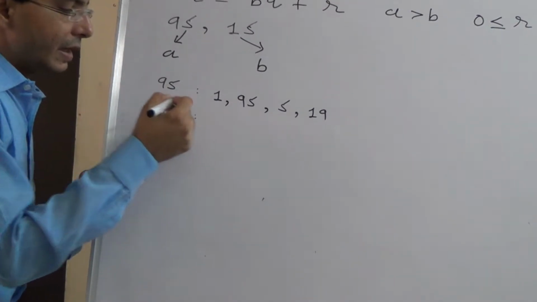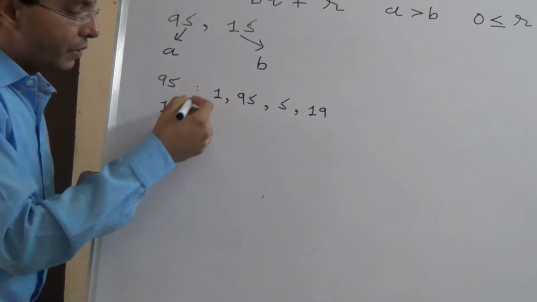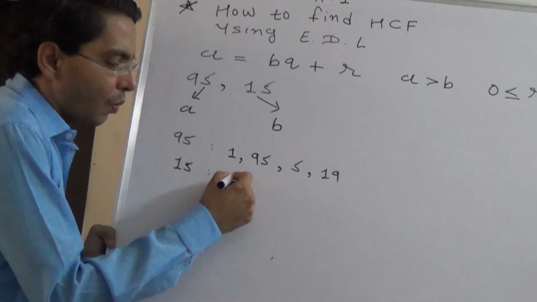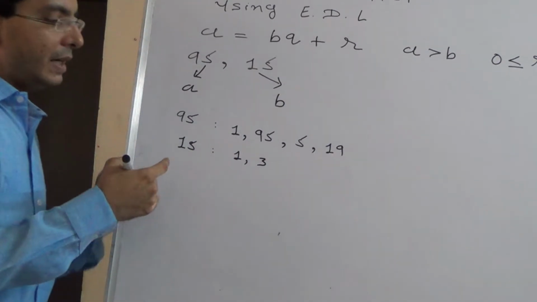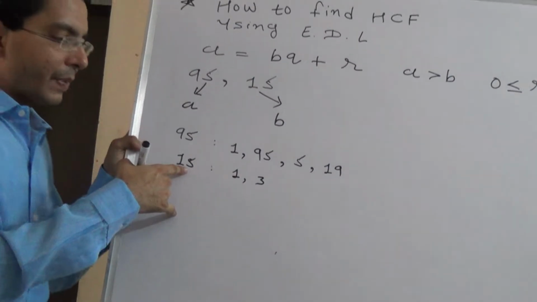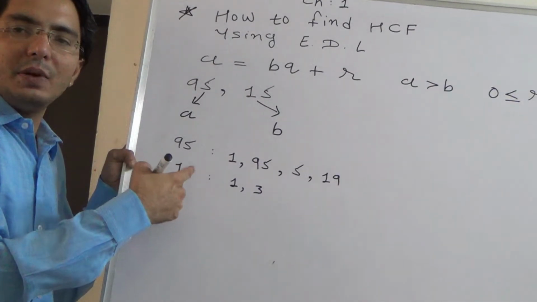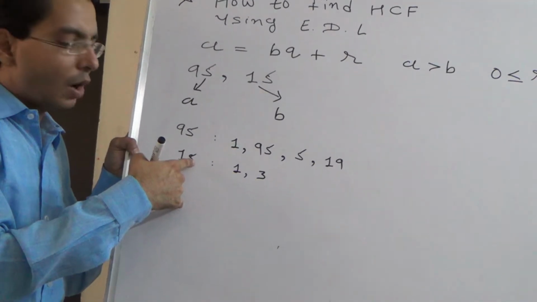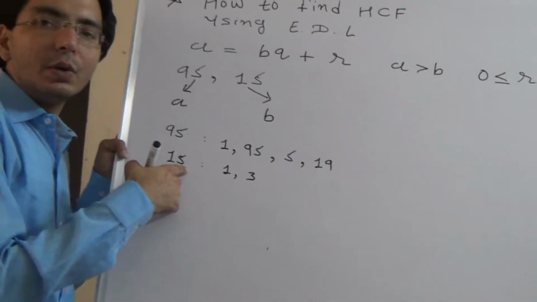In the same way, the factors of 15: 1, then 3. Why 3? First, the unit digit 5 is an odd number, so it's not divisible by 2.